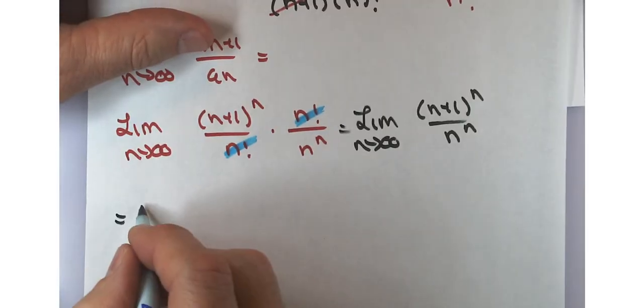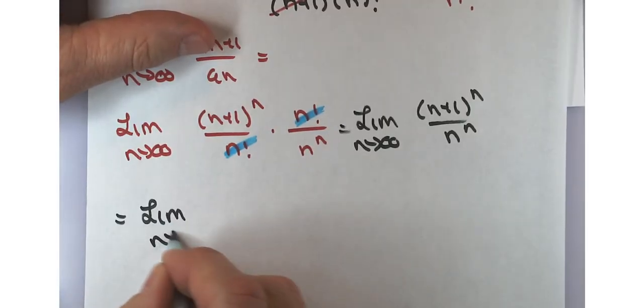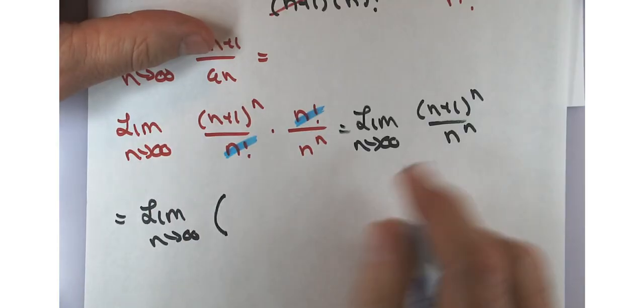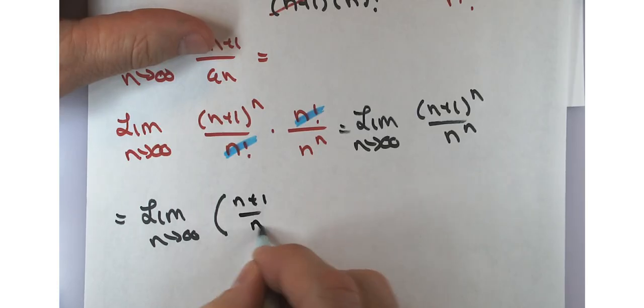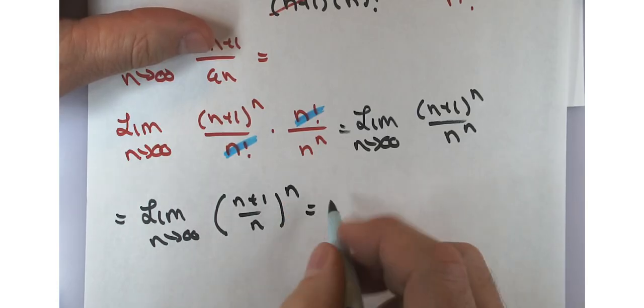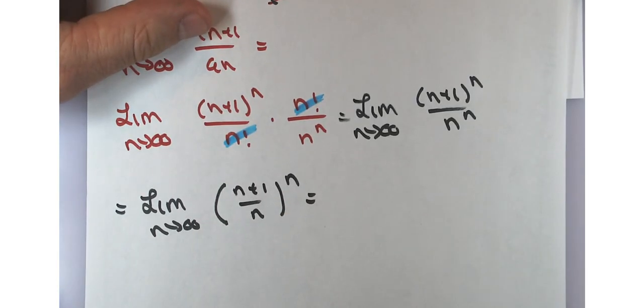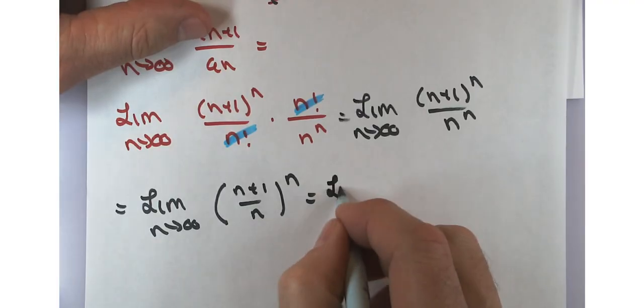Which is the limit as n approaches infinity. I'm going to rewrite that. Both of these are to the power of n, so I'm going to write n plus 1 over n to the nth power. And I'm going to rewrite it one last time in the hopes that somebody might recognize this limit from Calc 1.